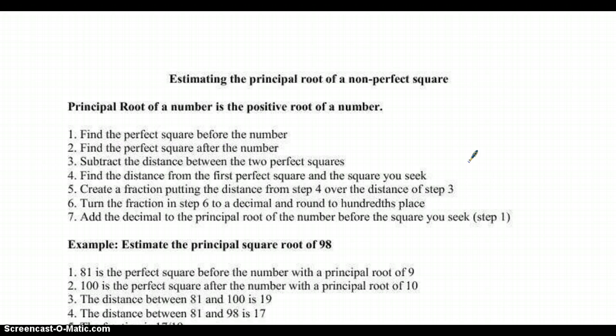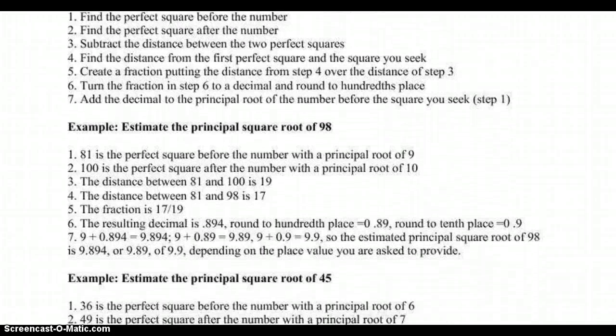Turn the fraction into a decimal, which means divide the denominator into the numerator, and add the decimal to the principal root of the number before the square, not after, but before. Okay, real easy concept, but the best way for you to see it is to take a look.